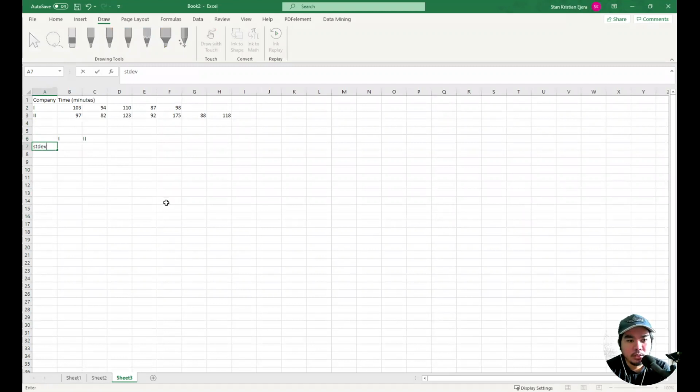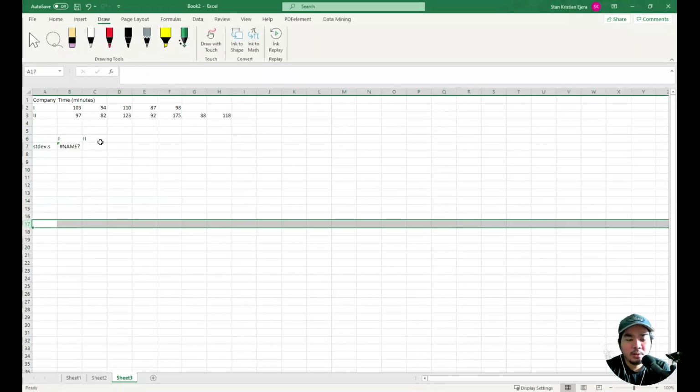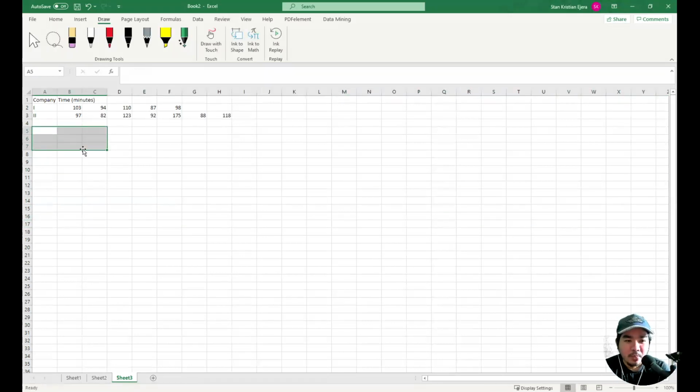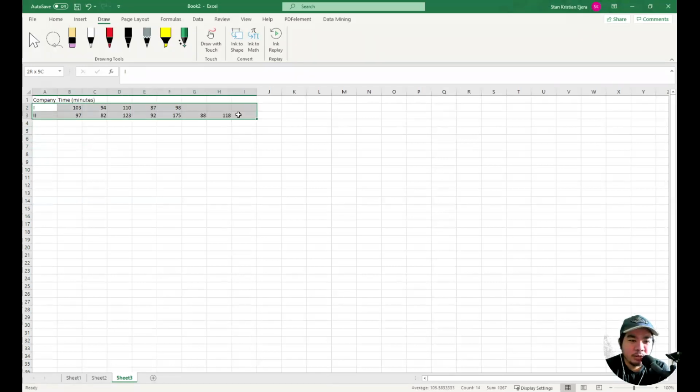So let's do STDEV.S of these values. Actually, it's better if, usually class, what I like to do in these cases is match how the data set is laid out. So this is grouped by rows, so I'll also group mine by rows.